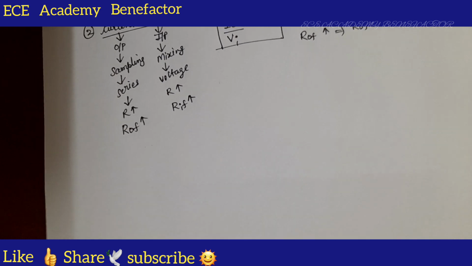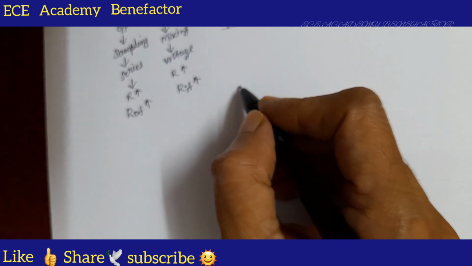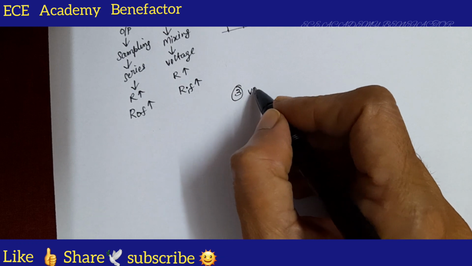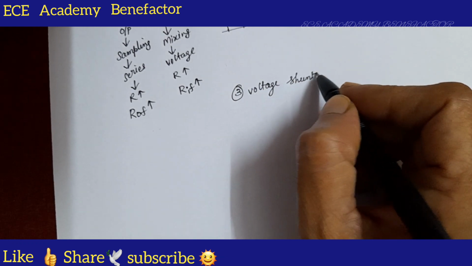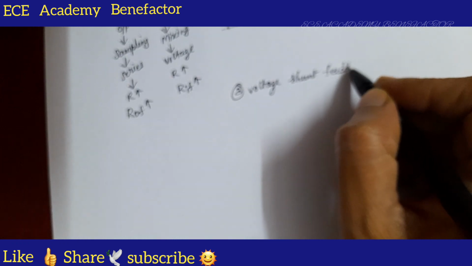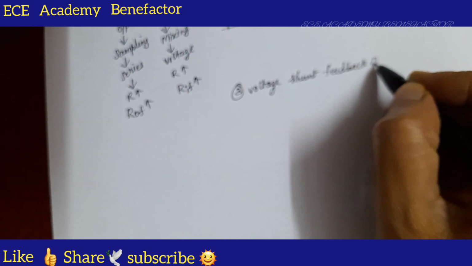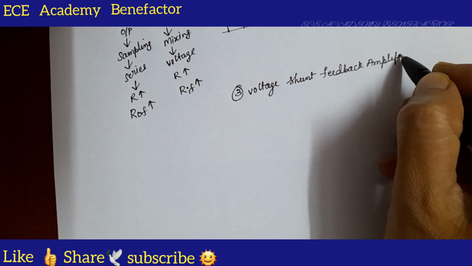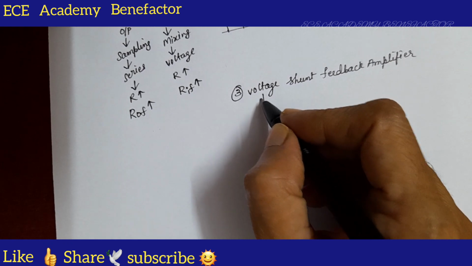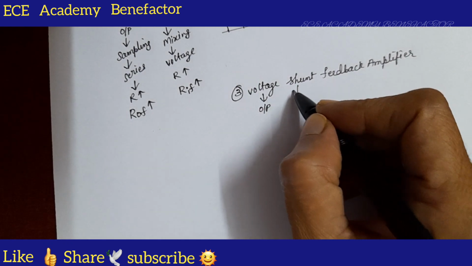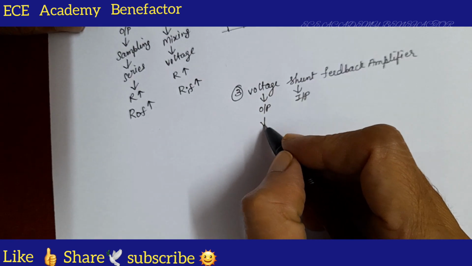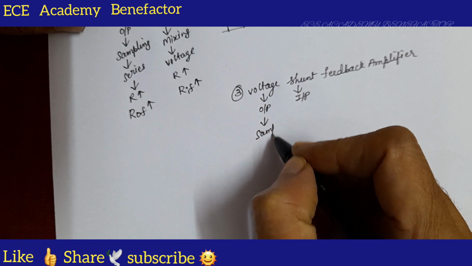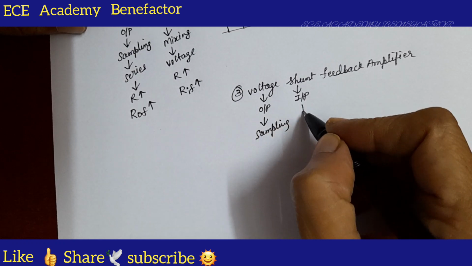Next, coming to voltage shunt feedback amplifier. The first word tells about the output, the second word tells about the input. The first word is output: voltage sampling. At the input side we do mixing.